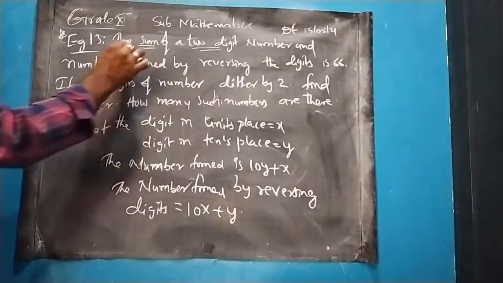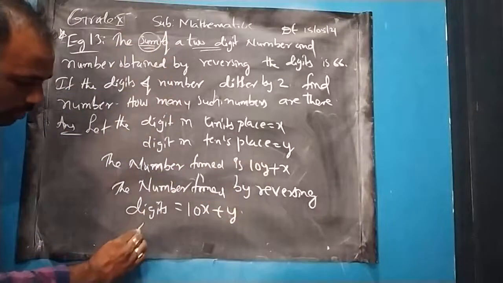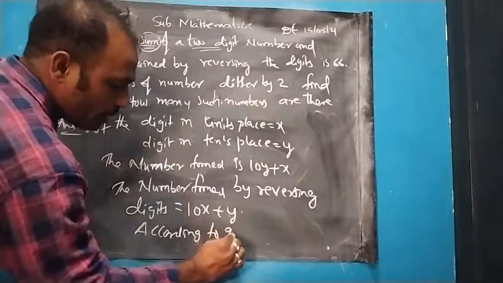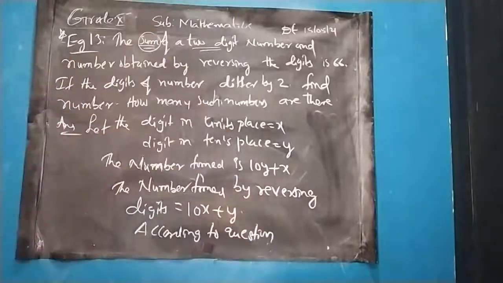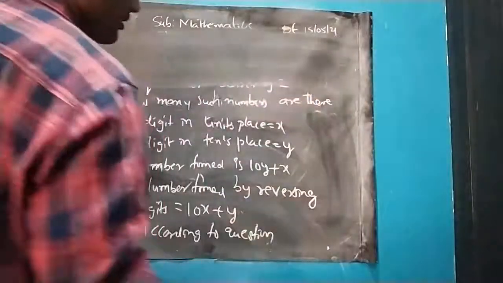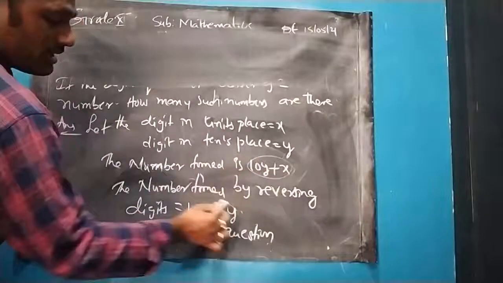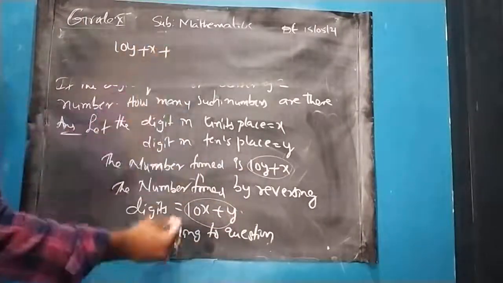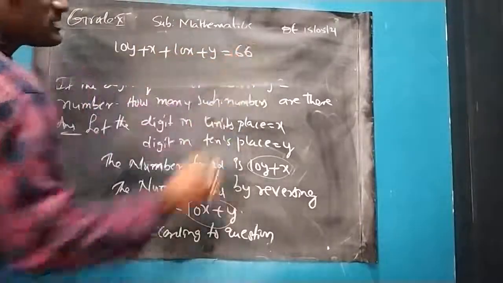Now, if I am doing addition, the sum of the original number as well as the reverse number, according to the question, 10y plus x plus 10x plus y, I am going to get the sum as 66.